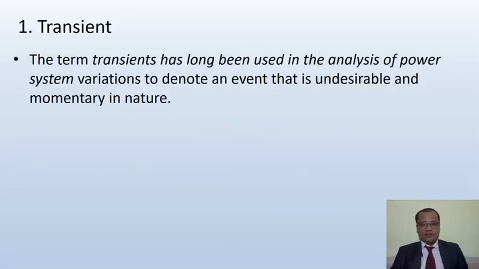Now let's start with the transient. Transient is a term which has been used in power system analysis for a very long time. Transients denote variations or an event that is undesirable and momentary in nature. What is the meaning of undesirable and momentary?